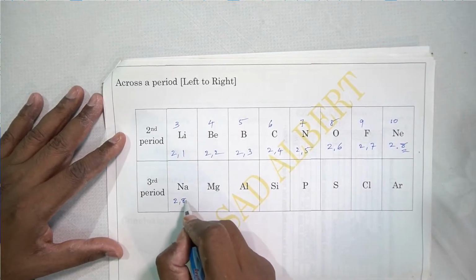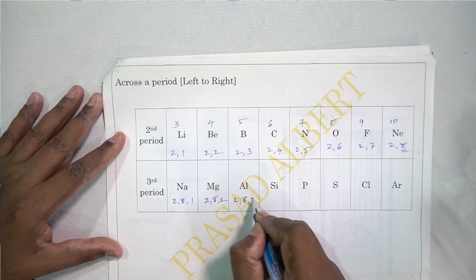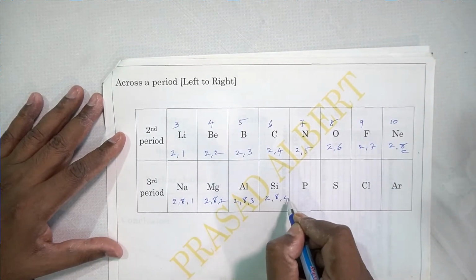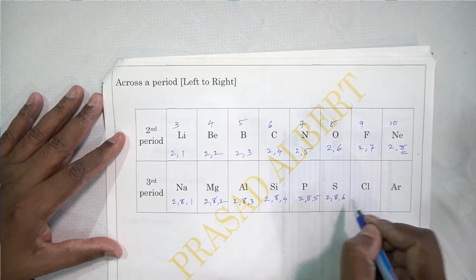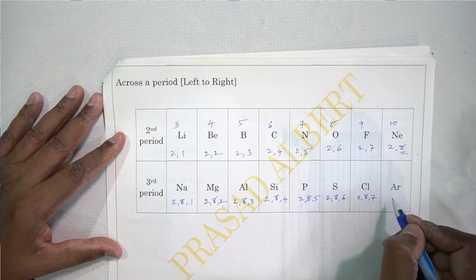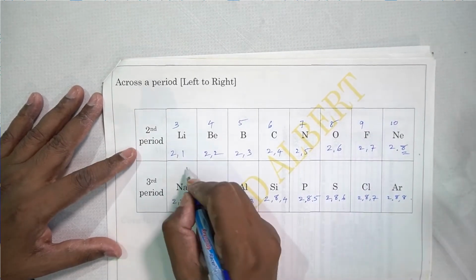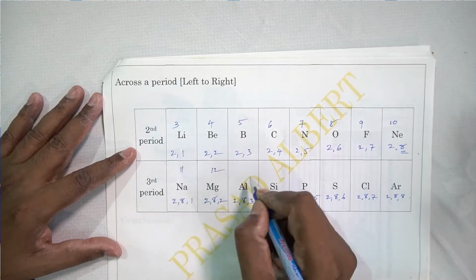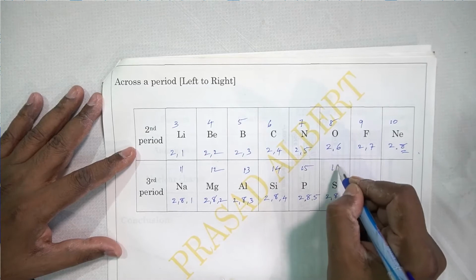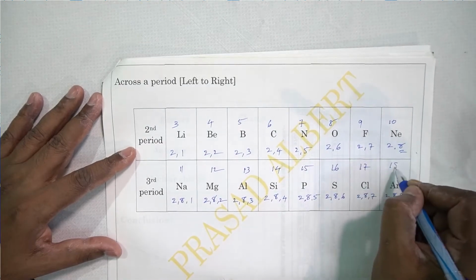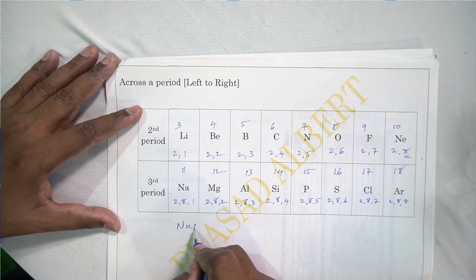And then we have 2,8,1; 2,8,2; 2,8,3; 2,8,4; 2,8,5; 2,8,6; 2,8,7; 2,8,8. The atomic numbers here are 11, 12, 13, 14, 15, 16, 17 and 18. So as we see here, the nuclear charge is increasing.